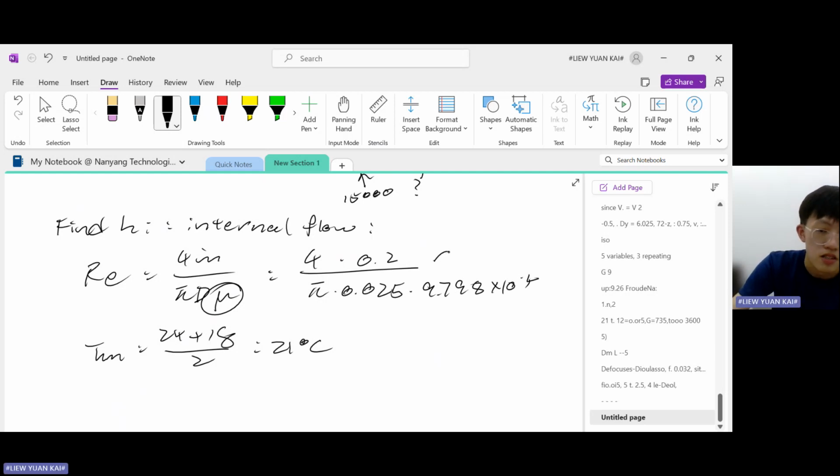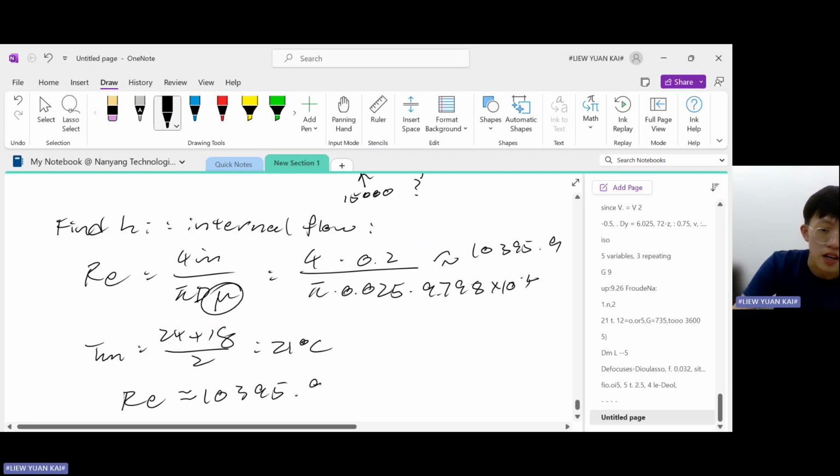You calculate this and you should get 10359. So you see your Reynolds number is 10359, which is more than 2300.